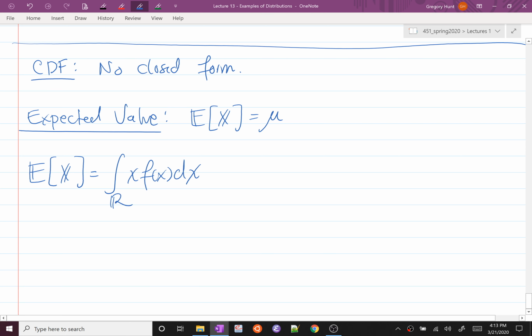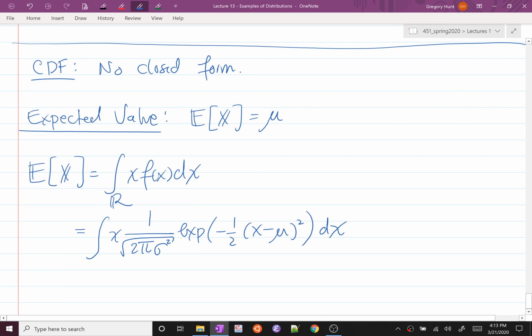It's the integral over all values, because the support in this case is all possible values. And this is the integral of, well, we have our formula. It's x, and in the denominator we have 1 over root 2 pi sigma squared, exponential negative 1/2, x minus mu squared, dx.